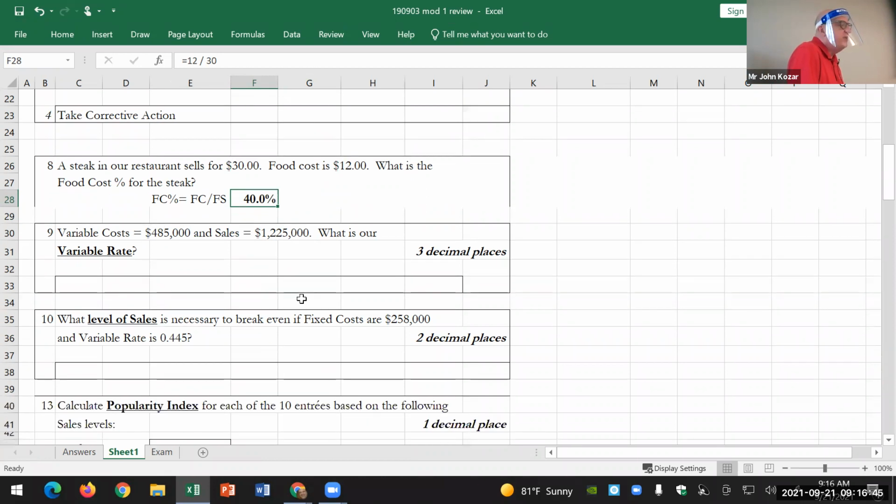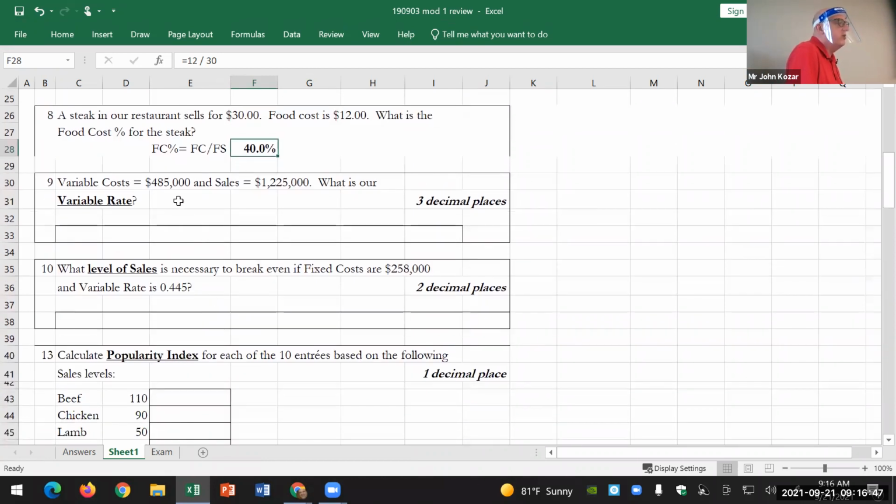Okay, next one, variable costs are $485,000 and sales are 1.225 million. We want to know what our variable rate is. So variable rate is just the ratio of your variable costs to sales. So it's going to be equal to variable costs divided by sales.